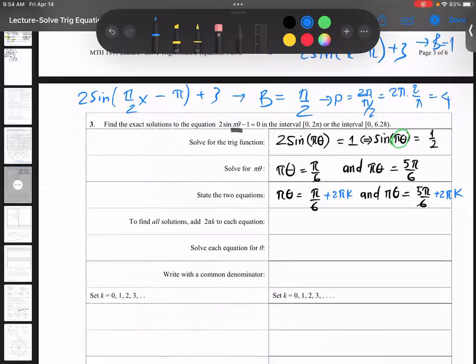Let's solve for theta. Before I do that, everybody okay why I'm doing this? Because the period changed, right? In order to solve for theta, what do you suggest I do?